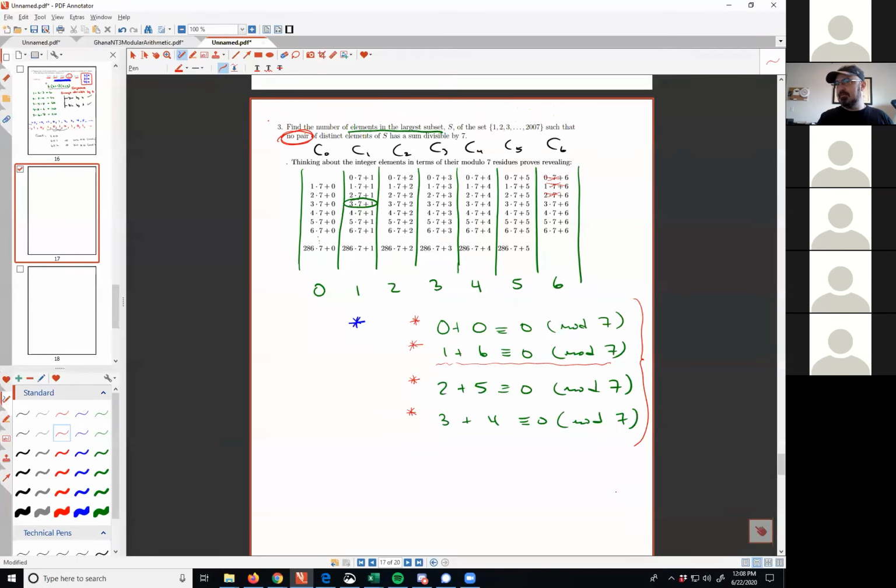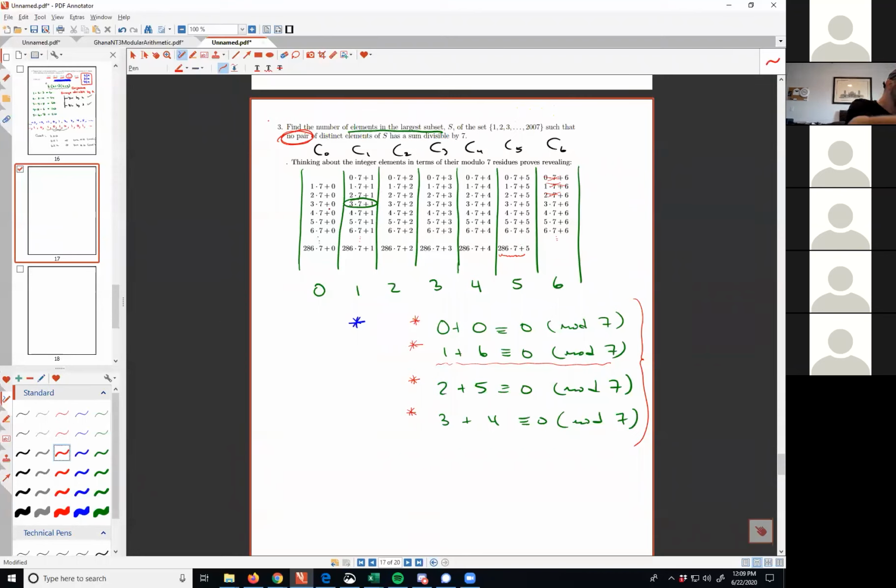The values of the numbers in column 6 are bigger than the values of the numbers in column 1. But we don't care about the values. We're just trying to make the biggest subset, so we want the most numerous. Which column has more numbers, column 1 or column 6? Column 1. Column 1 has one more number than column 6 because the last number that we put in our set is in column 5.